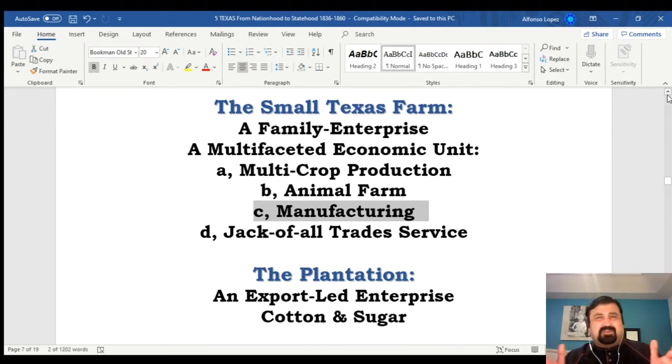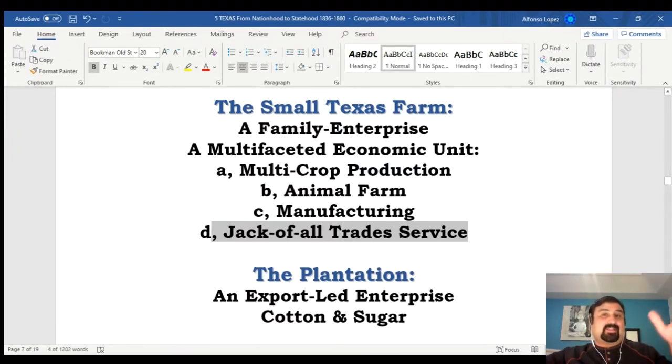And because everybody's trying to contribute again to the family economy, the farm itself is really run like a business, and of course the members are engaged in many types of occupations in order to sustain the family business. But you're also going to find in the farm itself individuals who were quite skilled at fixing things.